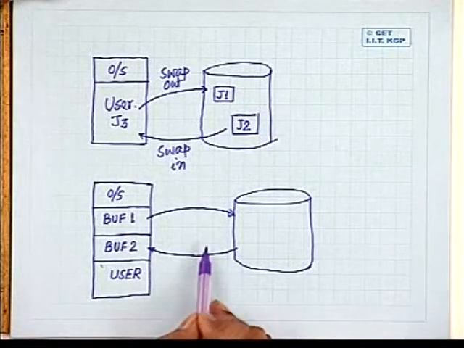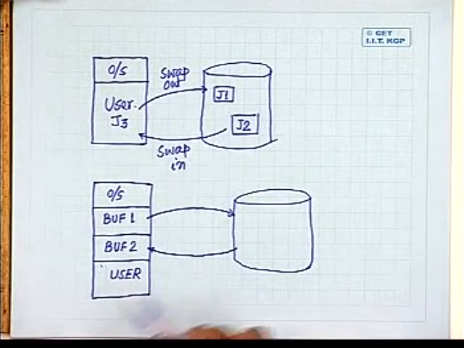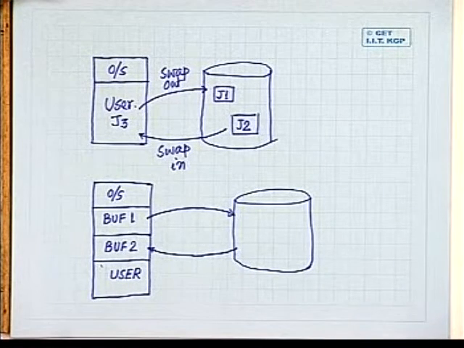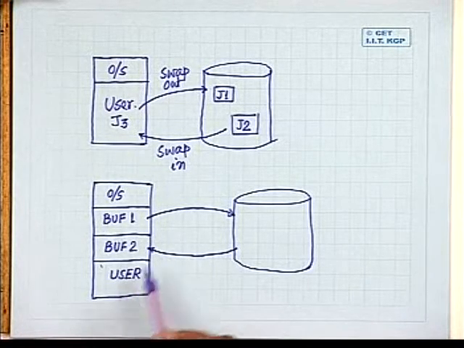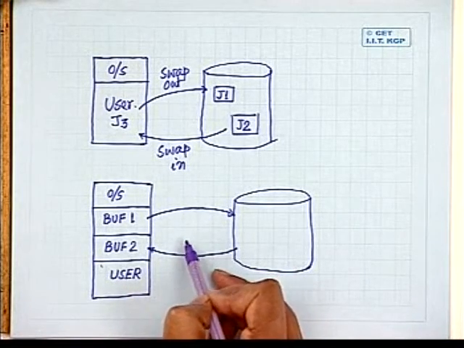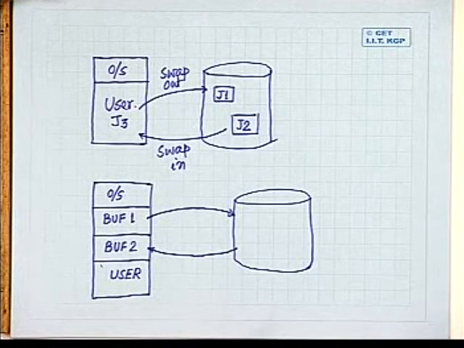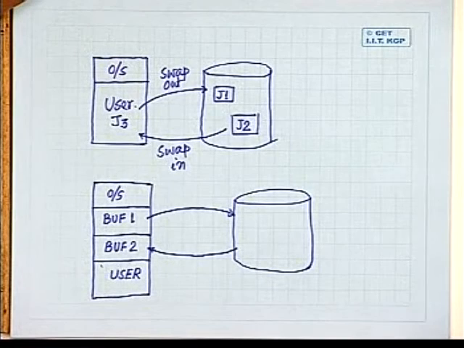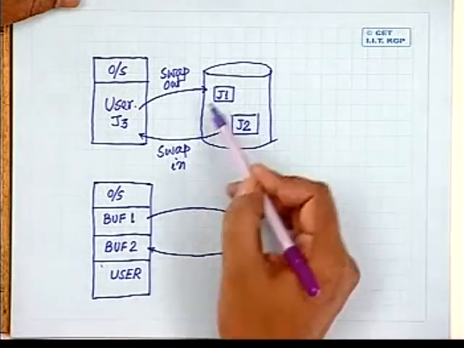And a process which is swapping in a new job from the secondary storage into buffer area 2 is also accessing the memory. That means the active user program, the swap out process and the swap in process are all trying to access the main memory simultaneously. So there I must have some mechanism so that this memory conflict can be avoided. But still this can be done, which will be more efficient than this.